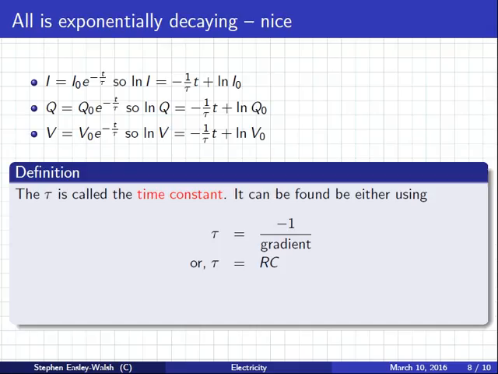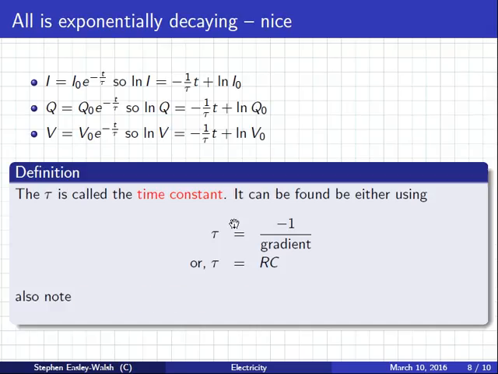Another way to calculate the time constant is you take the resistance and multiply it by the capacitance. So, which one do you use? Well, it depends. If you have the graph, you could use the first. If you knew the resistance and the capacitance, you could use this one. So it depends on the situation.